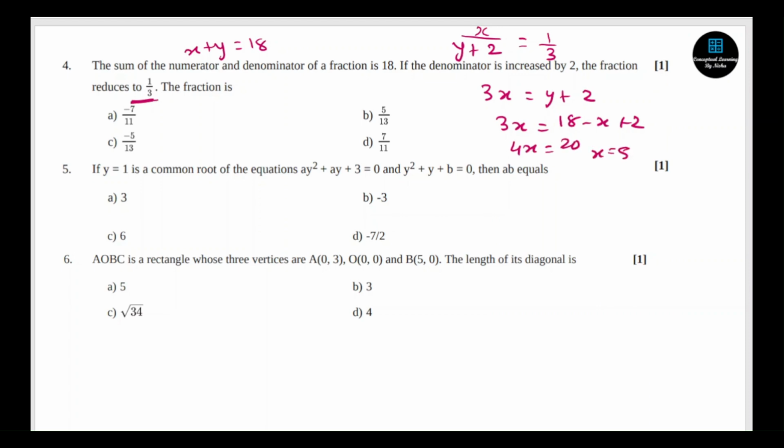Once you get x equals 5, y equals 13. So 5 upon 13, B, is the correct option, right?